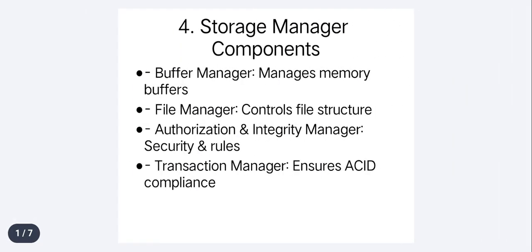Buffer manager means it manages the memory buffers. It is responsible for managing the memory buffers. It decides what should be kept in the main memory and what should be read from or written to disk. And second one is a file manager, which controls the file structure.